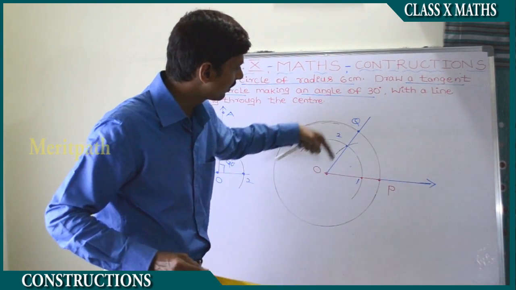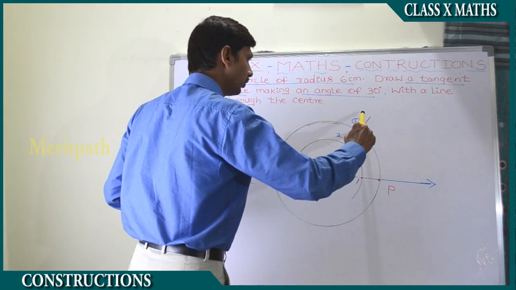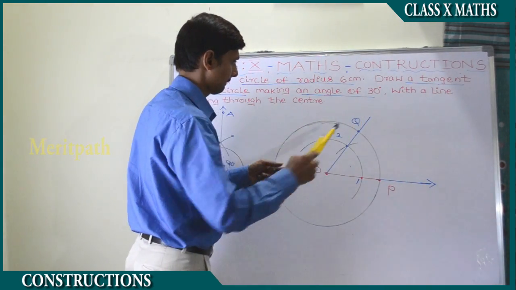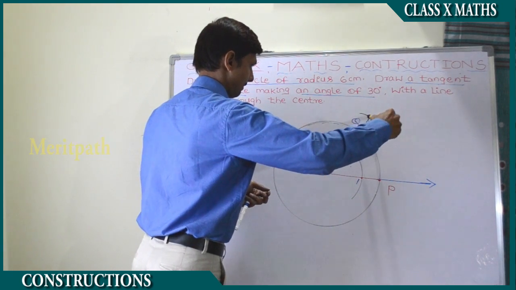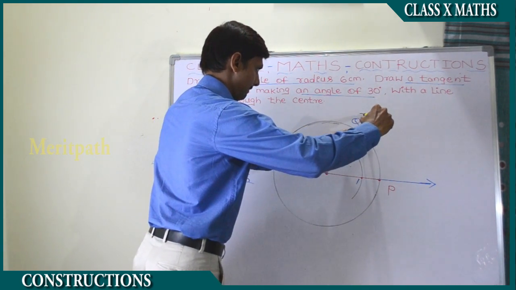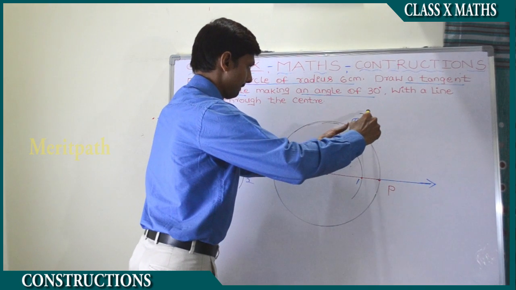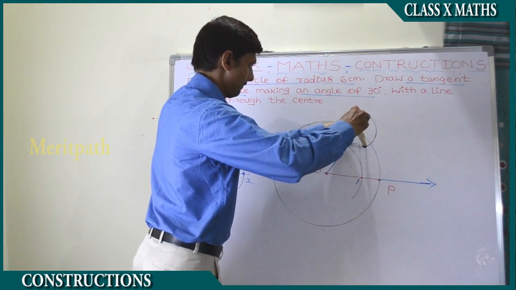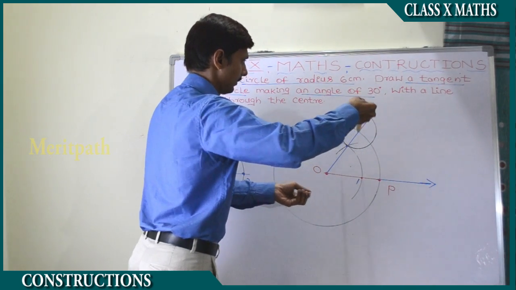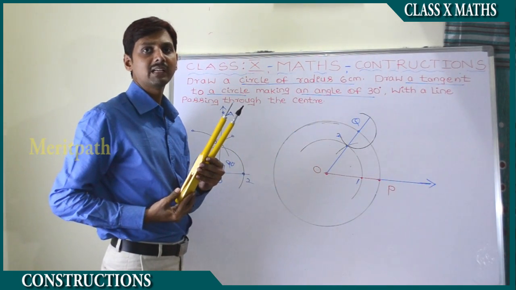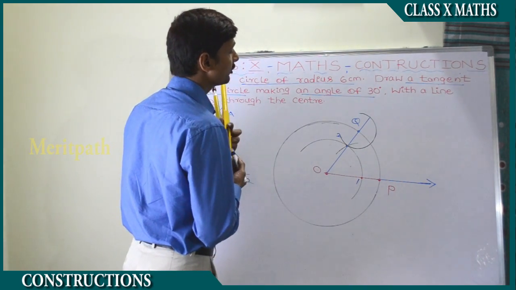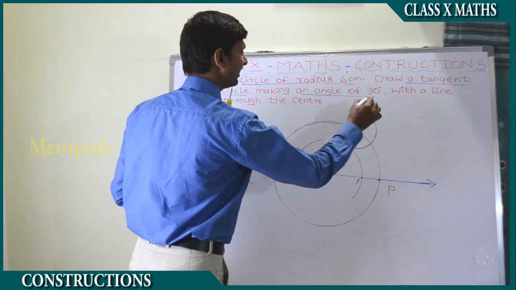Now we need to construct for OQ, using the point Q. We have made an arc here in this manner. We got 2 points here. That is point 2, already there. And let's take the point 3 here.